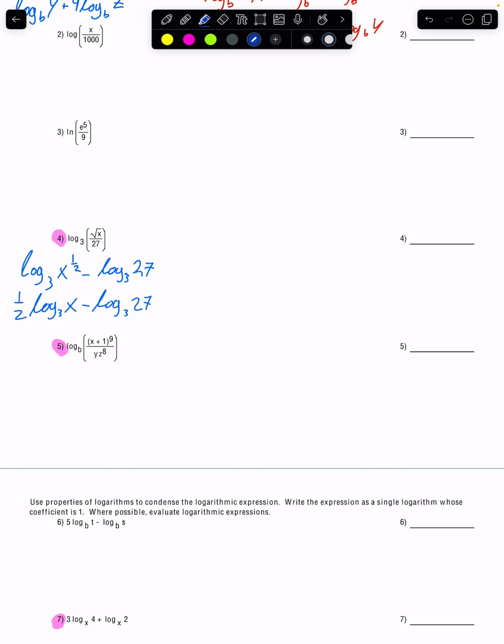And then this piece right here that doesn't have an x, we could change to 3 raised to what equals 27. With some guessing and testing, you would see 3 cubed is equal to 27. So our final answer would be 1/2 log base 3 of x minus 3.